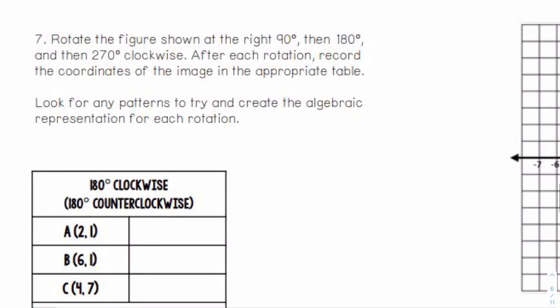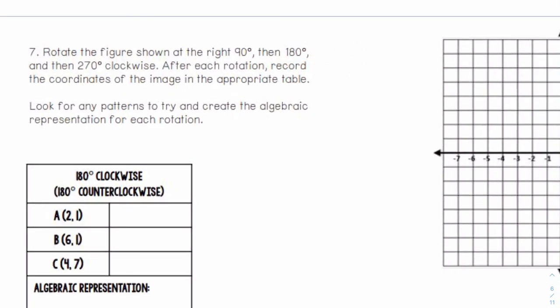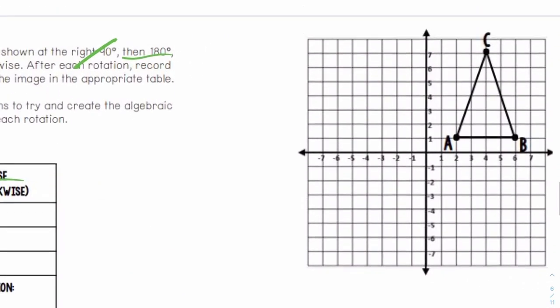All right, let's do it again, but this time we already did 90 degrees, so we're going to do 180 degrees clockwise, and we're going to see how it changes. We have our original picture. If I move it 90 degrees, it would end up where we just had it.